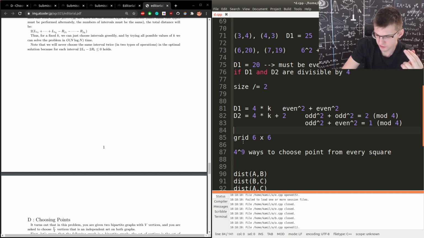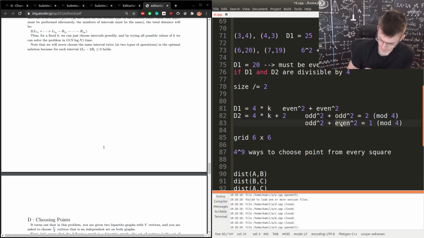If I color cells of the chessboard white and black, then odd even would only connect black to white.